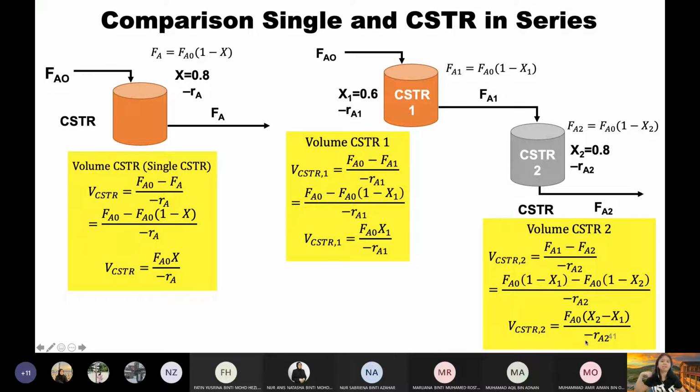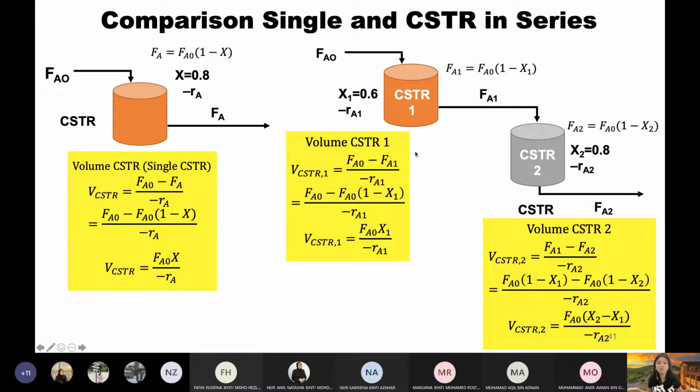Maksudnya, erti kata lain, kalau kamu perasan sebenarnya ada trend dia. Dalam reaktor pertama, dia convert daripada 0 to X1. Sebab tu kamu nampak ada FA0. Technically, the first CSTR volume is FA0 in bracket X1 minus 0.